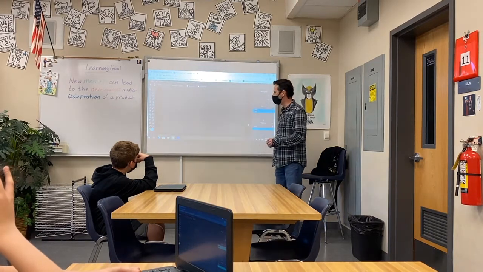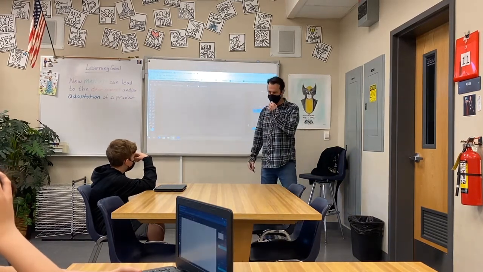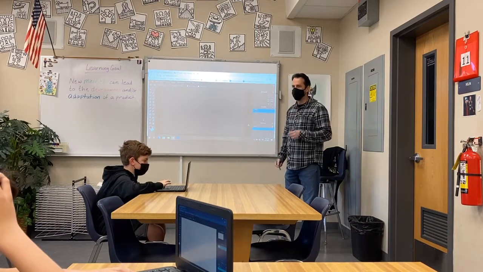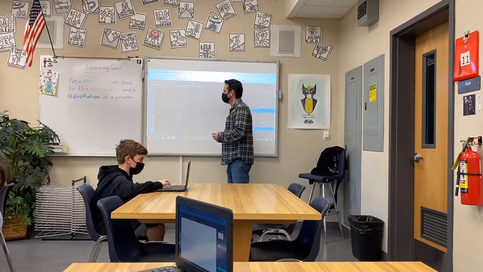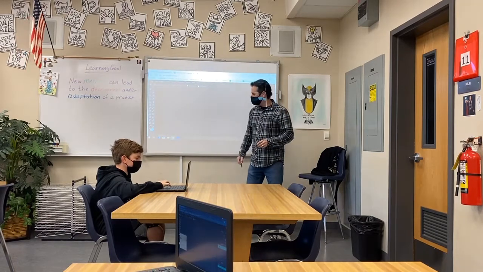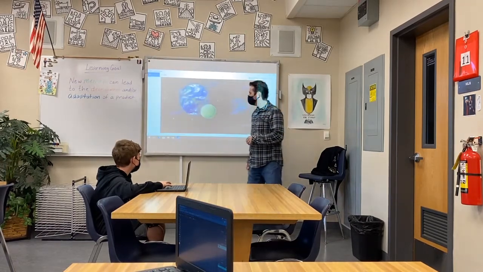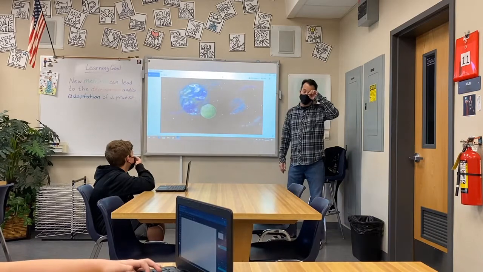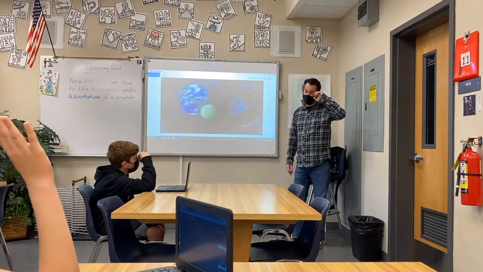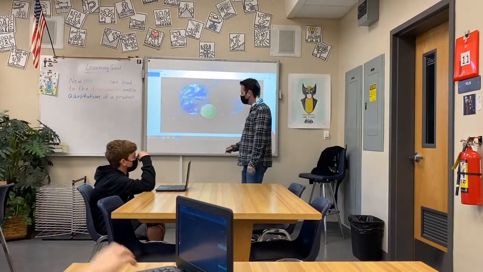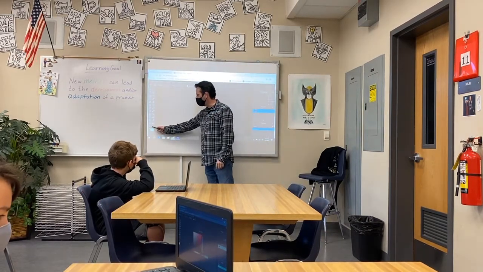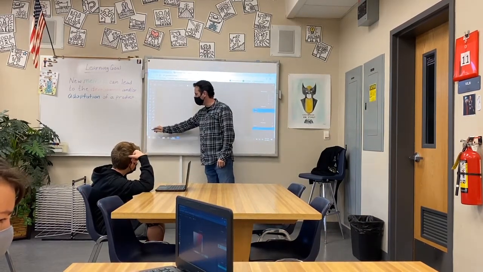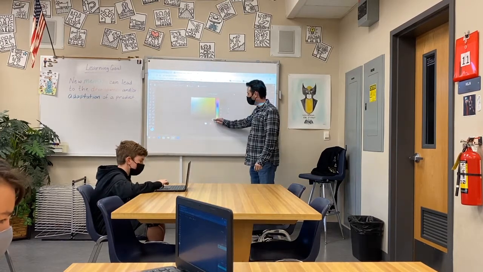So I want you guys to click on that one. If you get an ad pop up, you can just exit out. If you get stuck at any point, raise your hand. Now, if we're creating an image of space, what kind of background or what color do you guys think we need? Shout it out if you know. Black, okay. So, on your Pixlr, right here on your color palette, you're gonna click that.